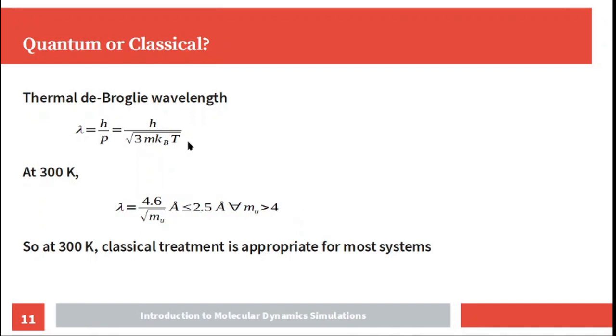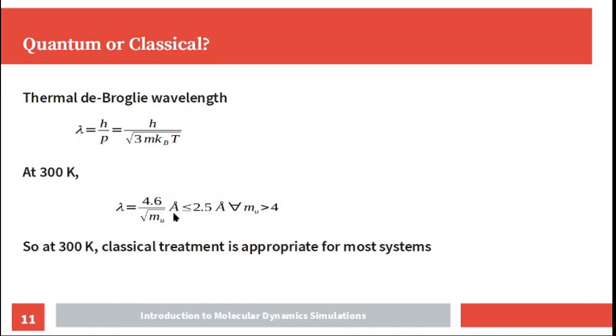So at 300 Kelvin, you can work out these constants, and if you express mass in the units of atomic mass scale, then this expression comes down to lambda equal to 4.6 upon square root of mu in angstrom units.